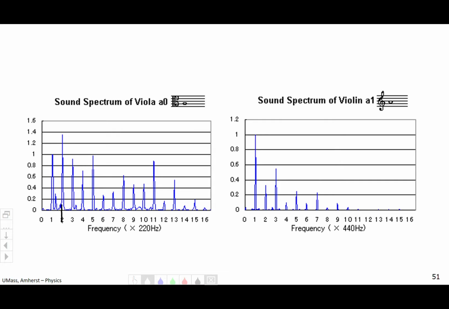So here would be 440, and here would be 880, and then here would be the next, which is what, 1320, and then here we would have 440, 880, 1320.